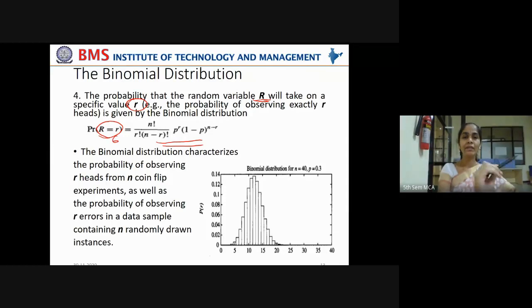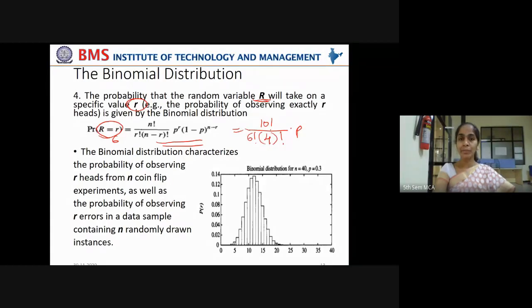Say here, we are interested in the probability of 6 heads observed out of 10 coin tosses. How can you write that? Total 10 coin tosses, so 10 factorial by how many times you observed heads? 6 factorial. R factorial is 6 and n minus r factorial is 4 factorial, because 4 times you didn't observe head. So it is 4 factorial multiplied by the probability of observing head, P, in a single coin toss.